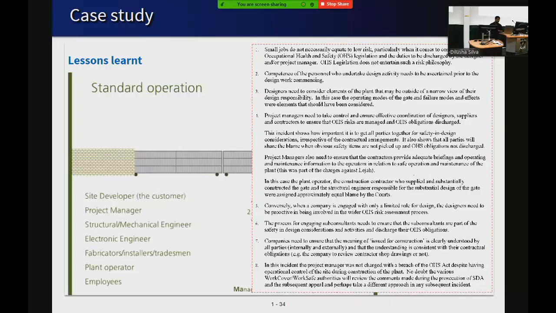The incident shows how important it is to get all parties together for safety and design considerations. Right, so that's part of your design review. Right, safety in design. So if you come up with a design which somebody can easily electrocute themselves, well, that's not ideal.